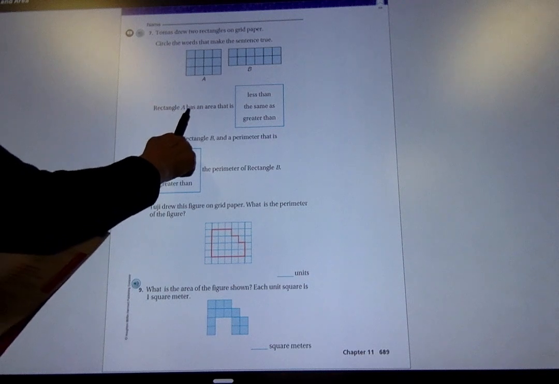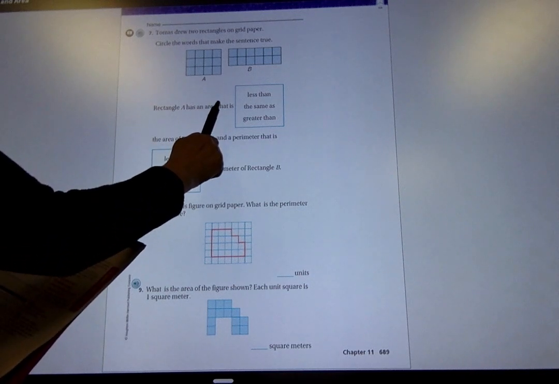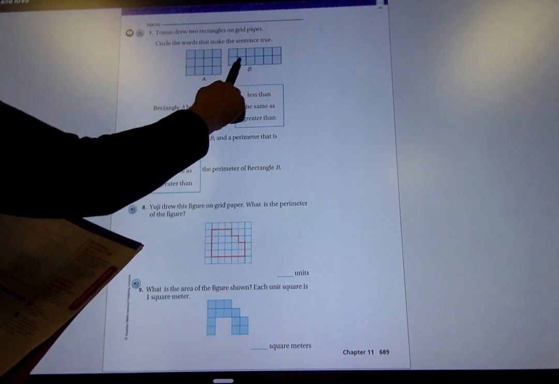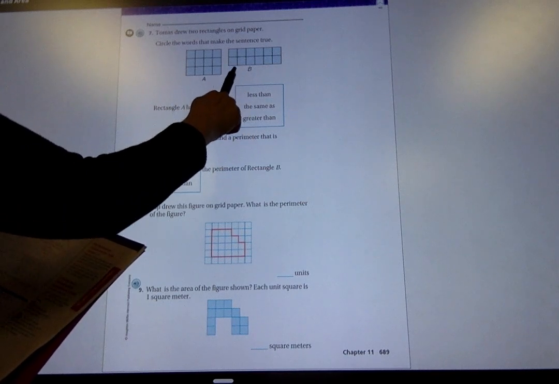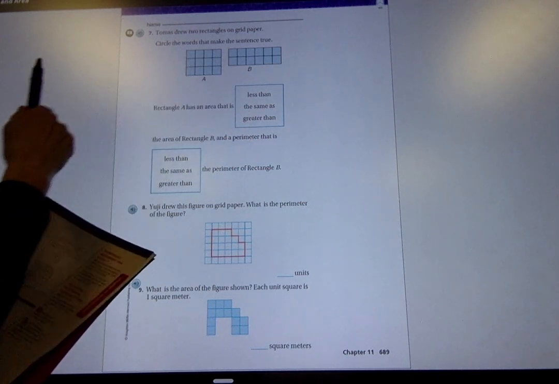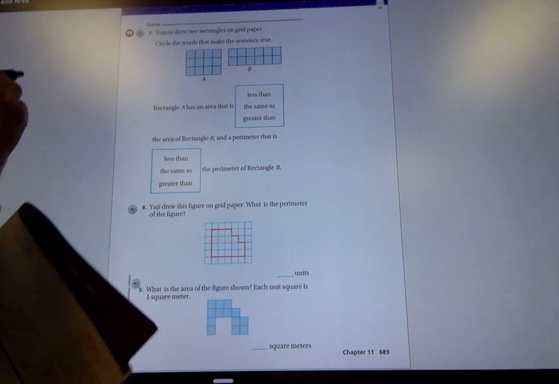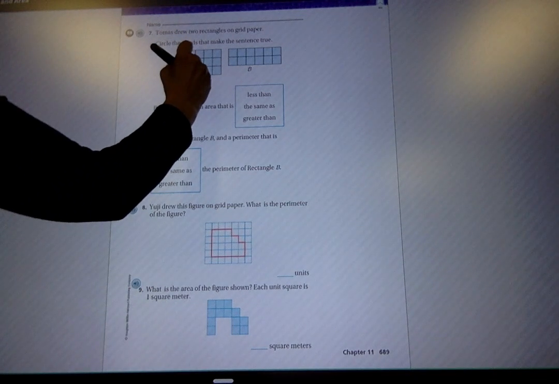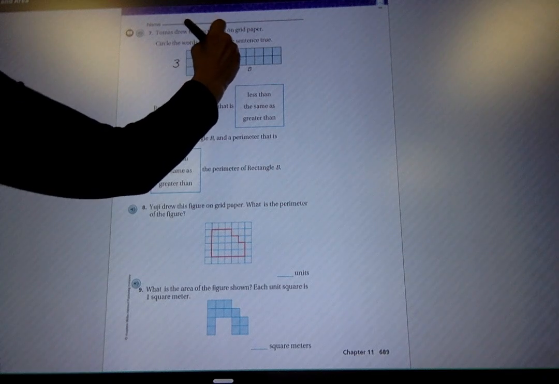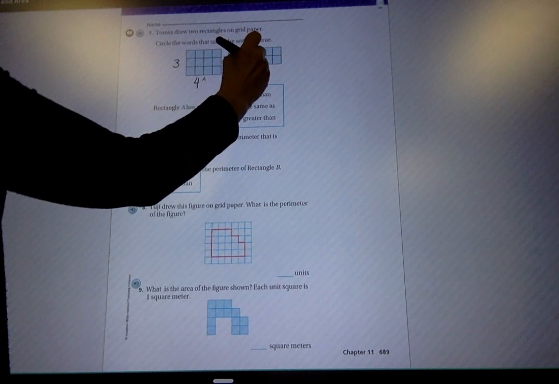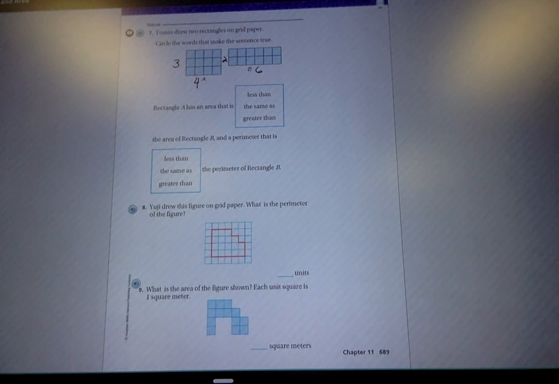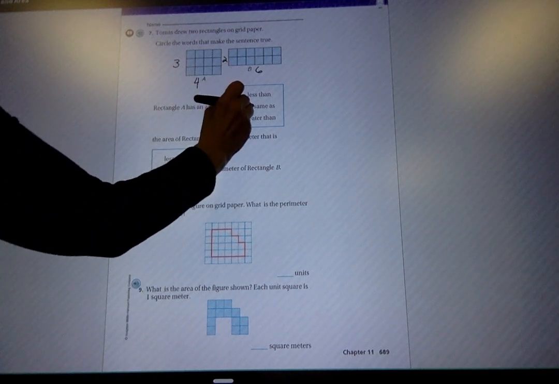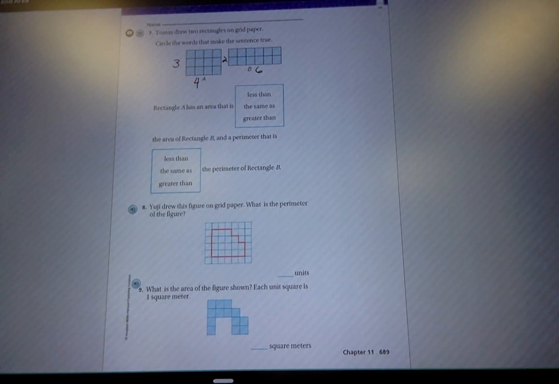Rectangle A has an area that is less than B, the same as B, or greater than B. So you're going to find the area of each. This is 3 by 4. This is 2 by 6. Find the area of each and then use the correct ending.